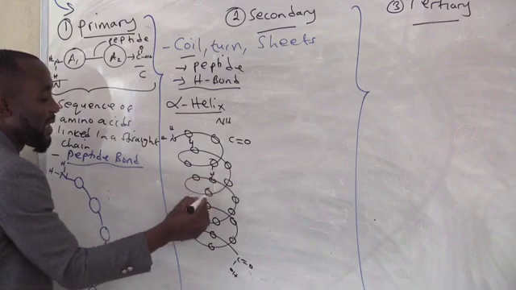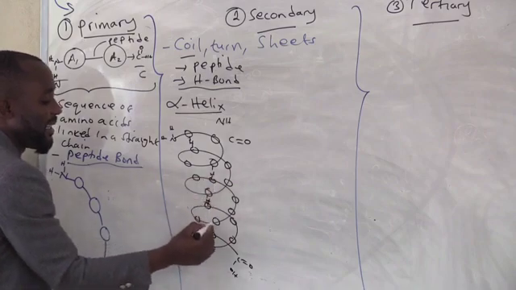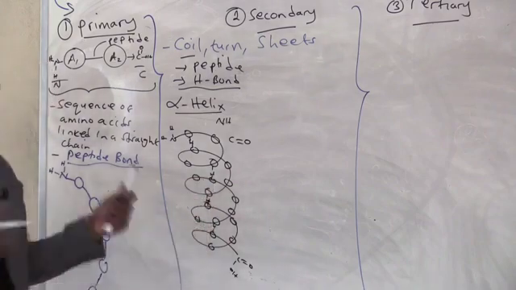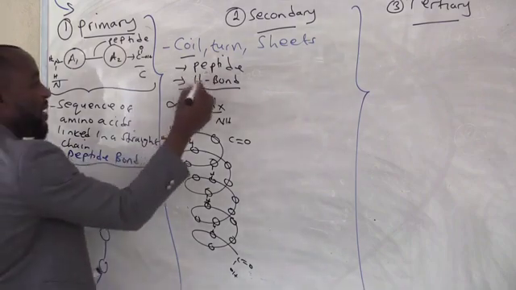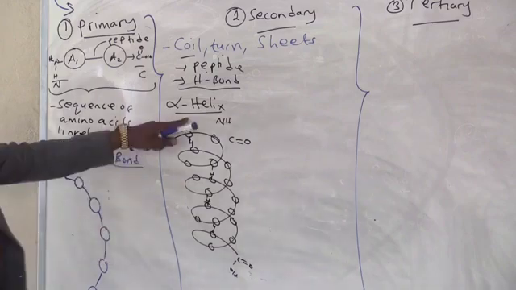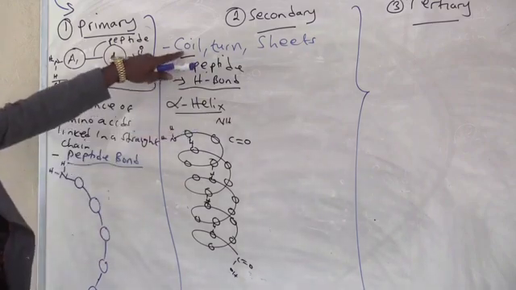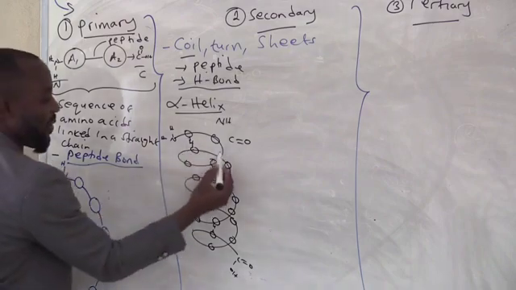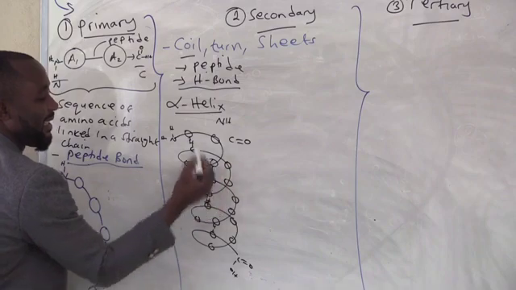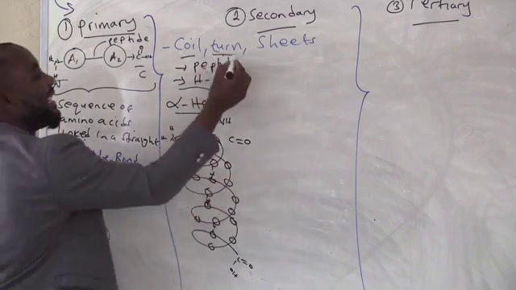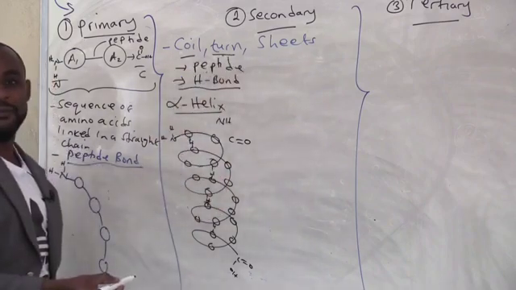So hydrogen bonds come there in order to stabilize the coil so that it doesn't dismantle. So in addition to peptide, we have hydrogen bond. That is how it forms coils. And you can see that for it to form a coil, it had to make some turn somewhere. It turned. That is why we are saying there is turning in secondary structure.